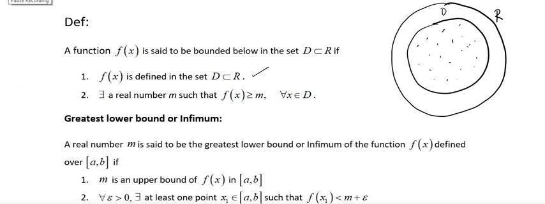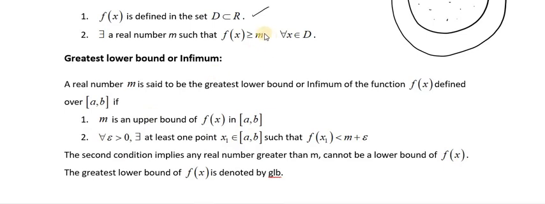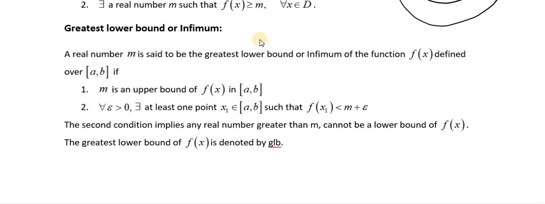Next we define greatest lower bound or infimum. Now we know the definition of lower bound, that is whenever f of x is greater than or equal to m, then we say that m is lower bound.